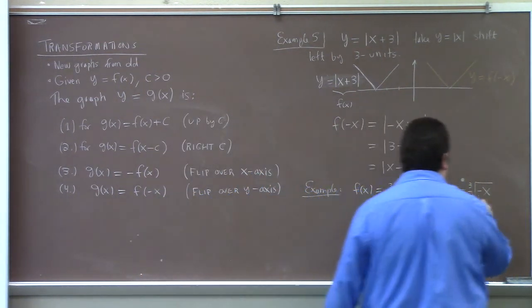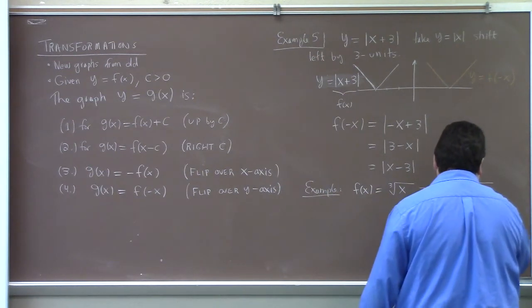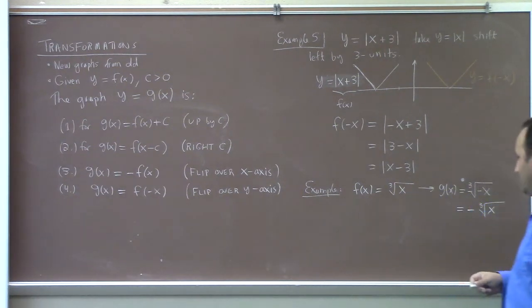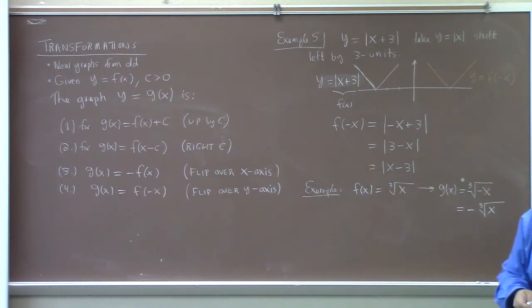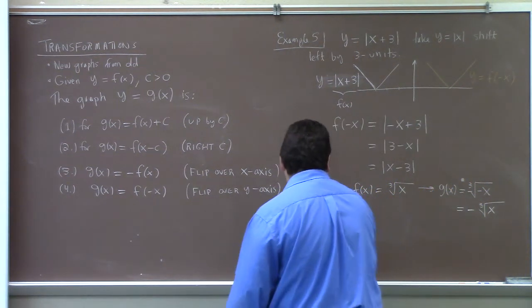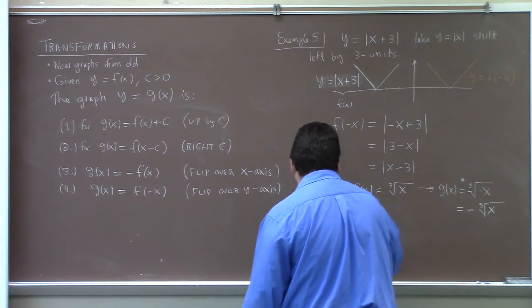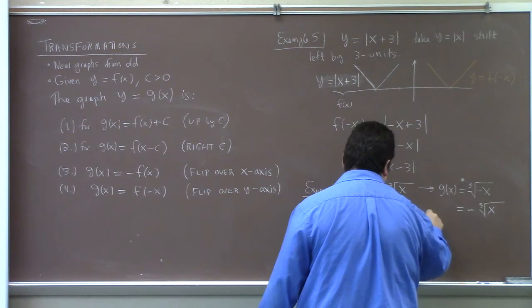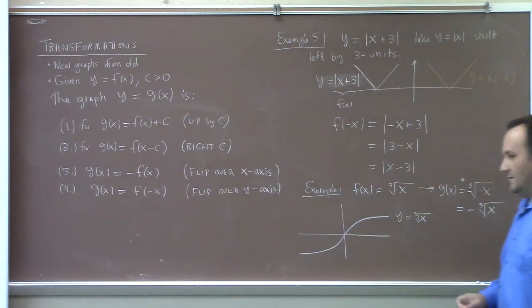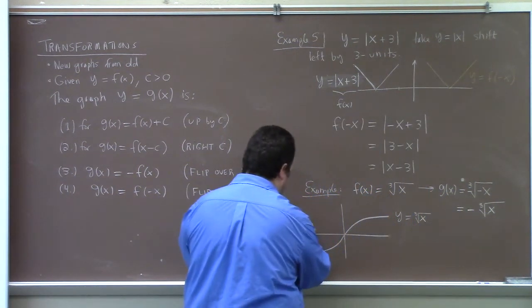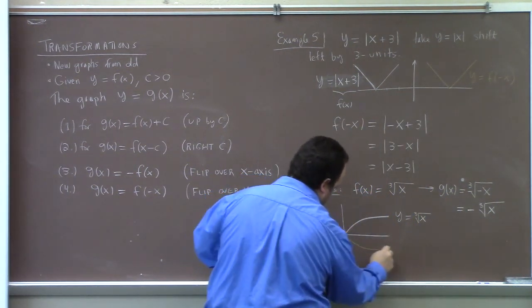So this is actually, by algebra, minus the cube root of x. So let's see here. If the cube root looks like this, then minus the cube root looks like that.